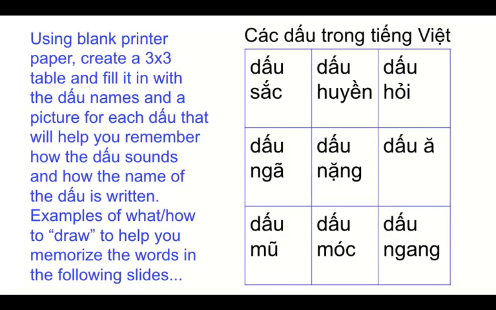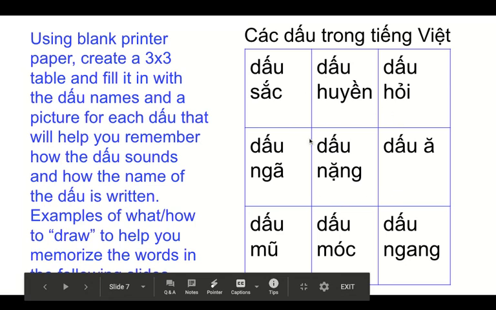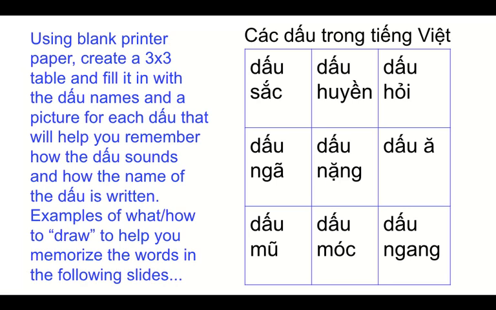Okay. So we already did this assignment, but you made a 3x3 chart and then you drew pictures and wrote words to explain each of the dấu. So dấu sắc, again, your voice goes up. Dấu huyền, your voice goes down. Dấu hỏi, go up and then back down.